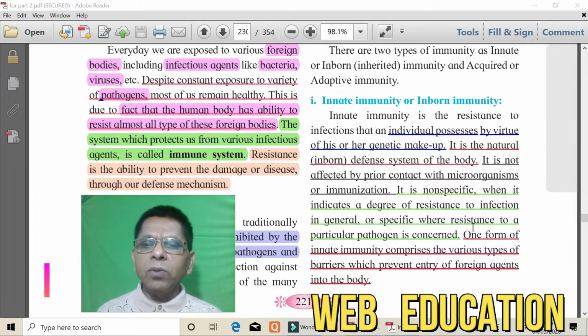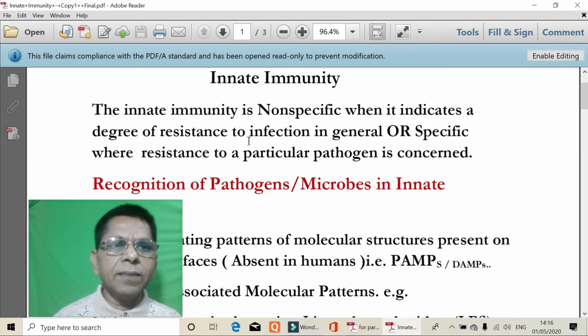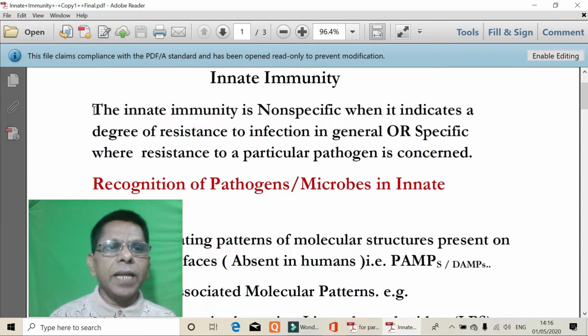Now in order to understand this concept, my dear friends, I would like to repeat it once again, that is, the innate immunity is non-specific when it indicates a degree of resistance to infection in general, or specific where resistance to a particular pathogen is concerned.